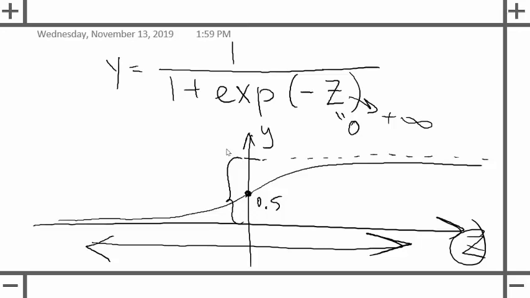Now, the only difference is this. Instead of z, I'm going to use a formula which looks a lot like linear regression. That's the reason why it's called logistic regression. It uses the logistic function, but also an expression which looks a lot like the linear regression we discussed. So, in my very simple model, I'm looking to calculate the probability of getting a loan, how likely the person is to get a loan.